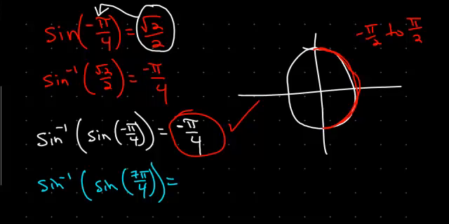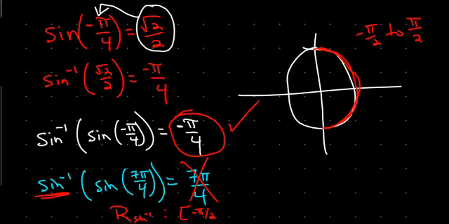If you put 7 pi over 4 for that, it's going to be incorrect, because it's an output of the inverse sine, and the range of the inverse sine is from negative pi over 2 to pi over 2. So you've got to think about these a little bit.